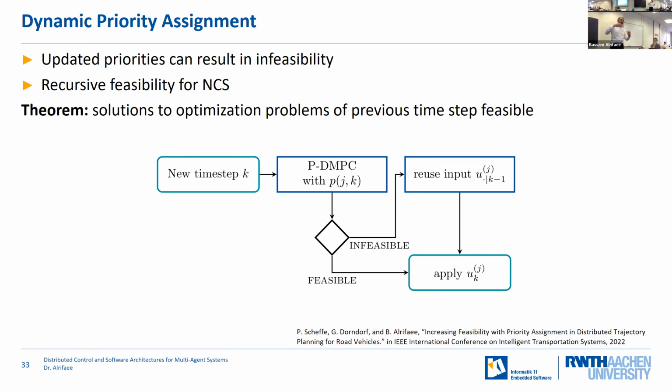So we can do something with the recursive feasibility of the system. Recursive feasibility means if we get a solution at a time instant t, we can guarantee that we are going to get a solution at time instant t+1. And we did this, and we showed that we can use the older solution of the MBC under some conditions, and it is recursive feasible.